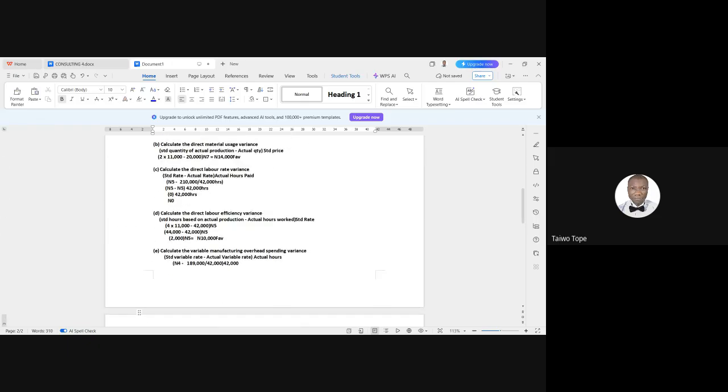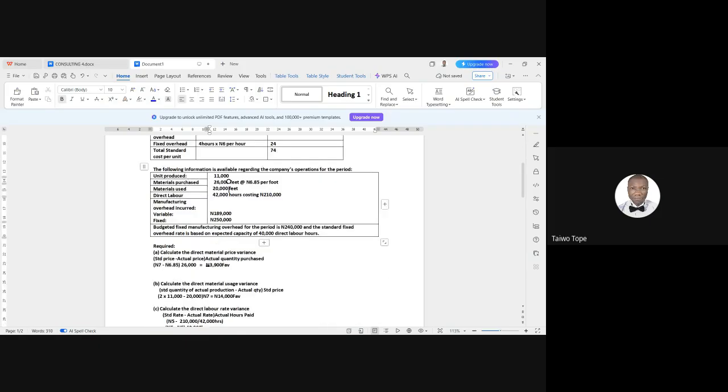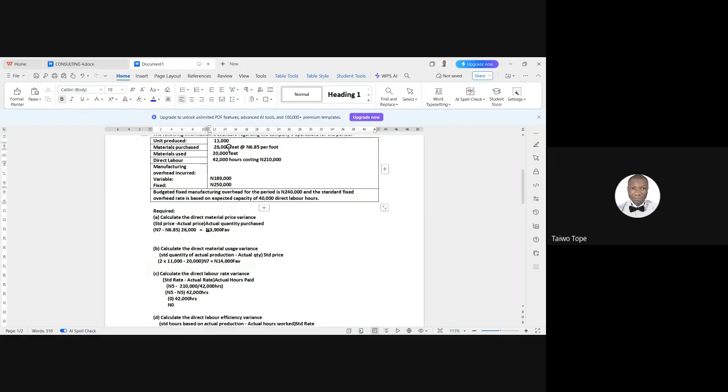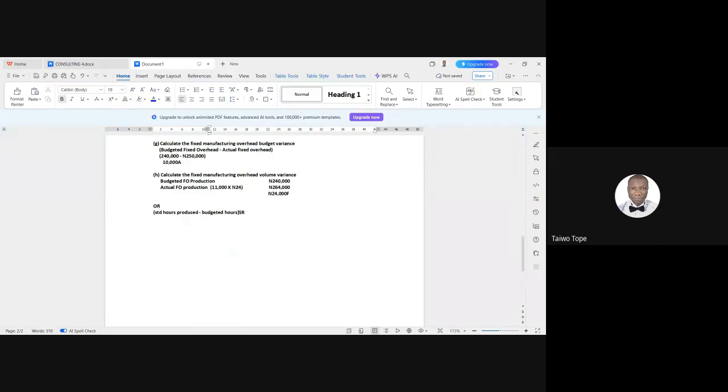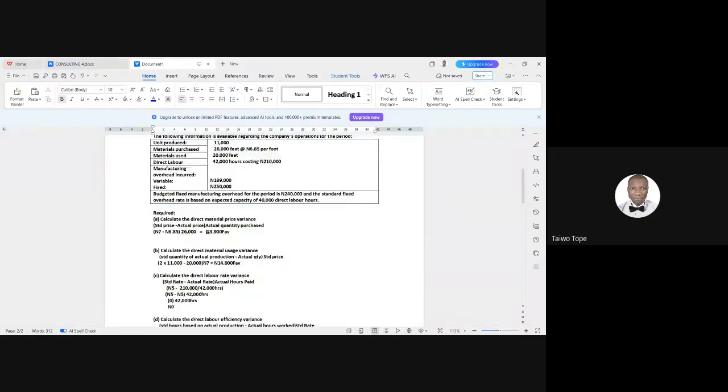Now, the standard hours produced, what am I referring to? In terms of hours, you have 4 hours for fixed overhead in relation to your actual units produced. You have 44,000 hours. Your budgeted hours, according to the question, is what?